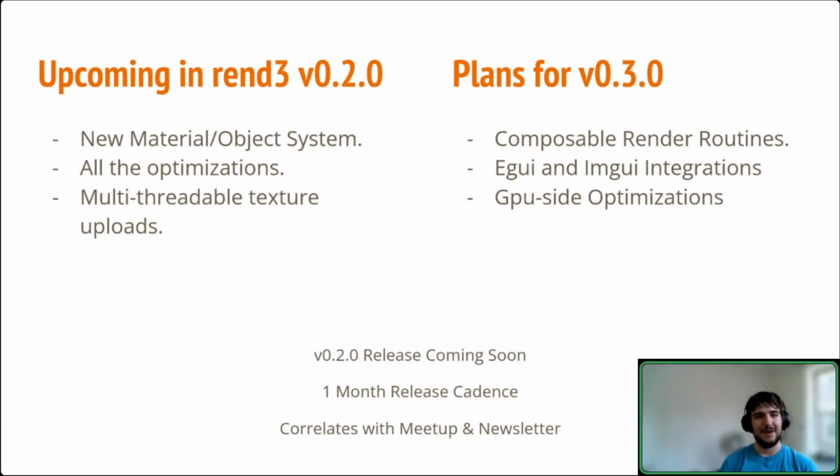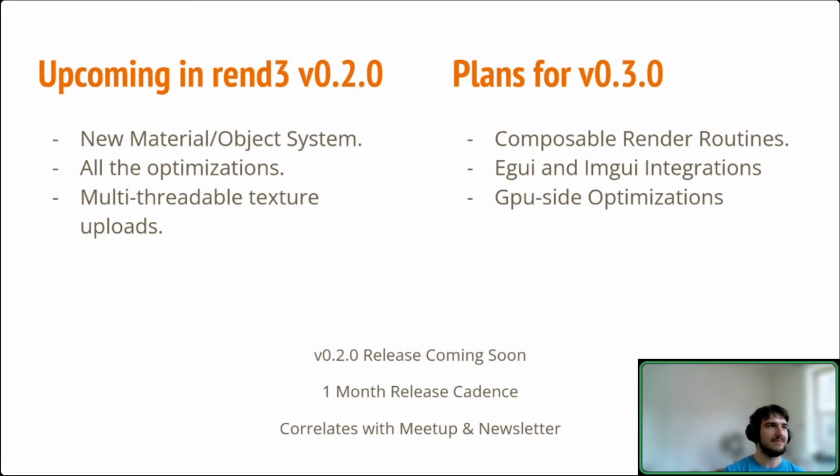All right, I am going to release rend3 0.2 very soon. We have this new material and object system. We have all of these optimizations, and we have the ability to do texture uploads in a multi-threaded fashion that allows you to do the CPU side work of texture uploads in other threads.